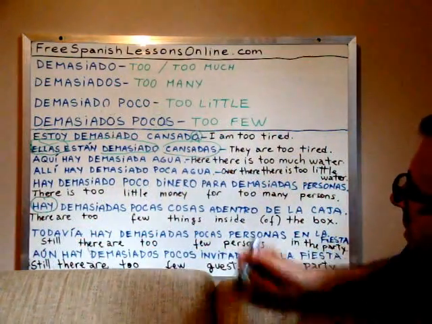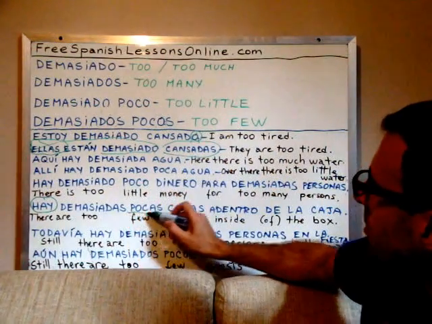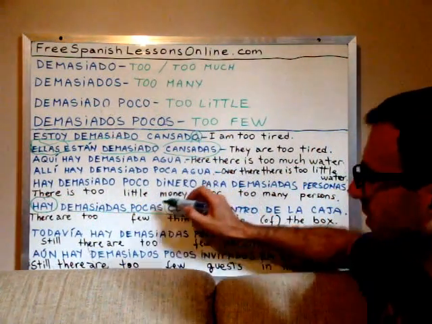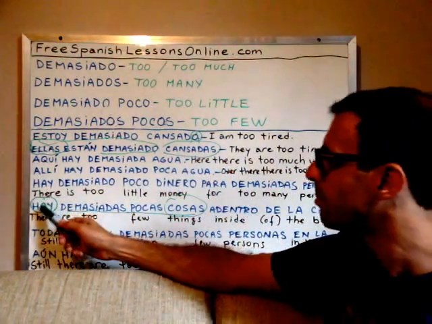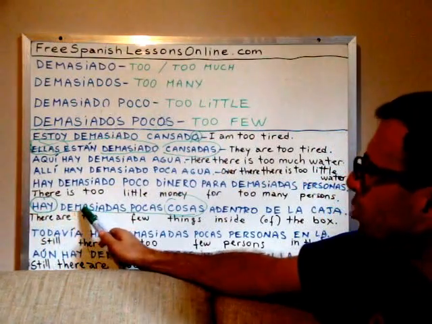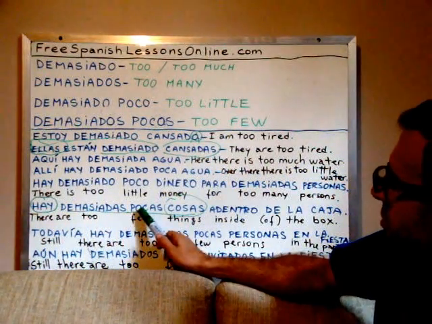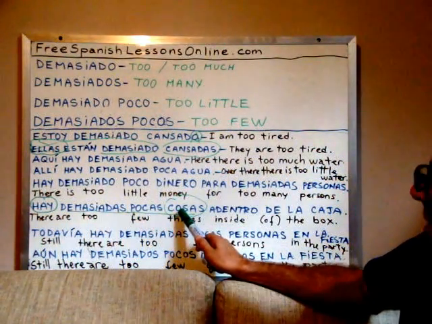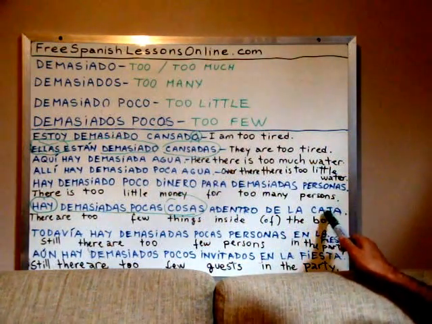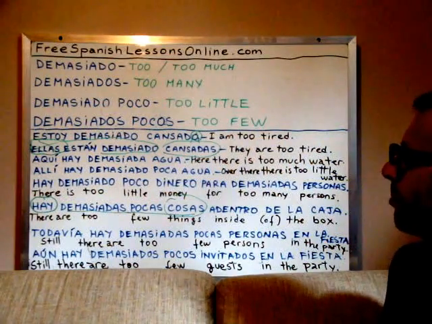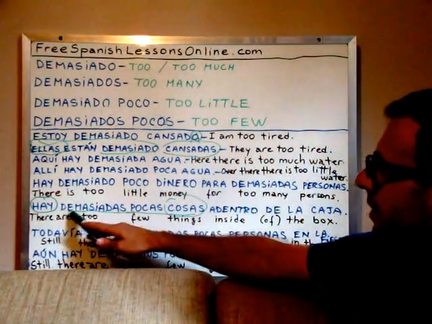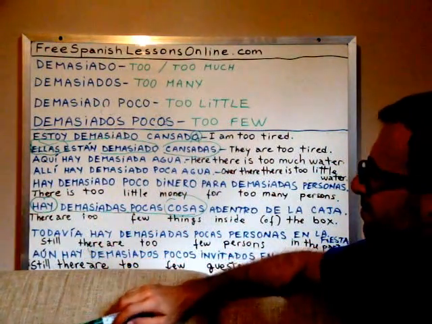Since here it's plural, we're talking about the things. Cosas means things. Then we know that this is plural. It's there are. So there are too few things inside of the box. You see here, demasiadas is working as an adjective.